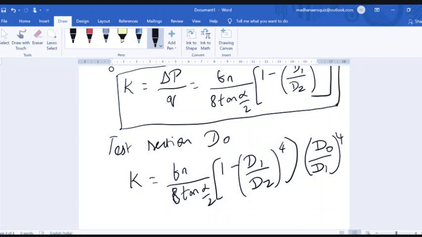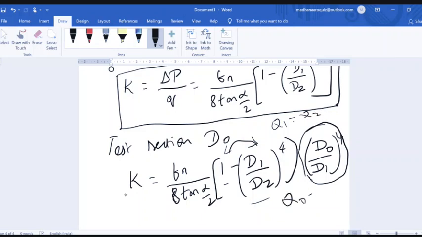If it is a divergent section, the symbol carries like this. If it is going to be a convergent section, the symbol changes. And when you increase the number of sections, according to the equilibrium of velocity ratios from the discharge equation, that is Q1 is equal to Q2, likewise we have Q0 is equal to Q1.